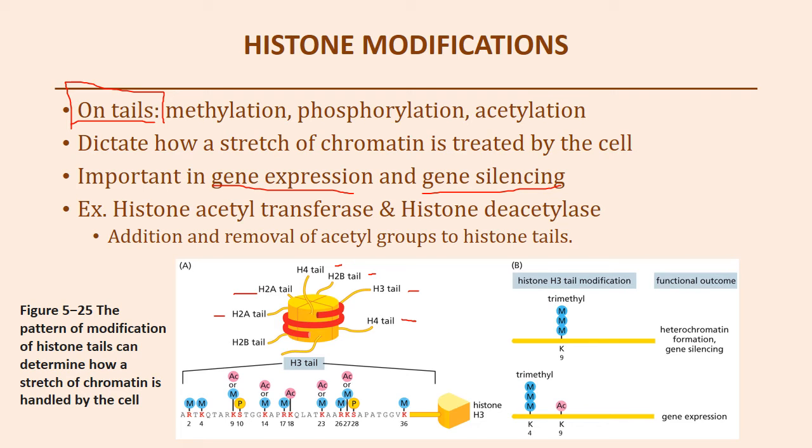So for instance, we can take a look at the illustration. That's figure 5-25, and it shows us a modification on the histone tail, and we're looking at the tail of H3. If we concentrate on the K9 position, depending on which chemical modification is done, it will determine if that gene is available or unavailable.